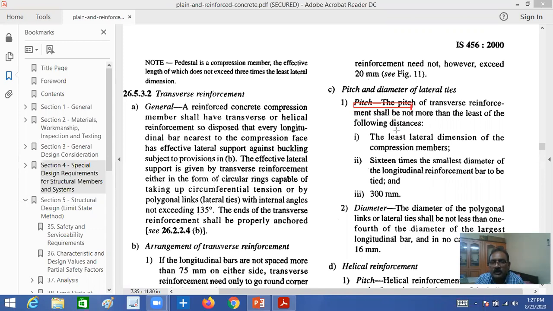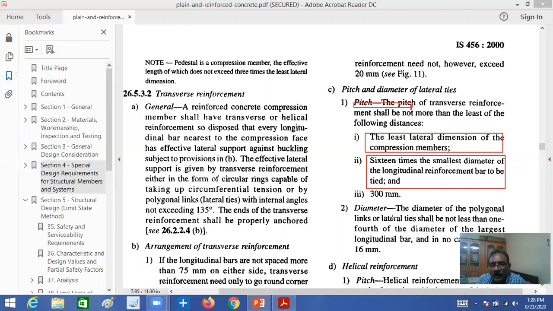One condition is the least lateral dimension of the compression member, then 16 times the diameter, and 300 mm. Whichever is the least, you have to take as the spacing of your ties.